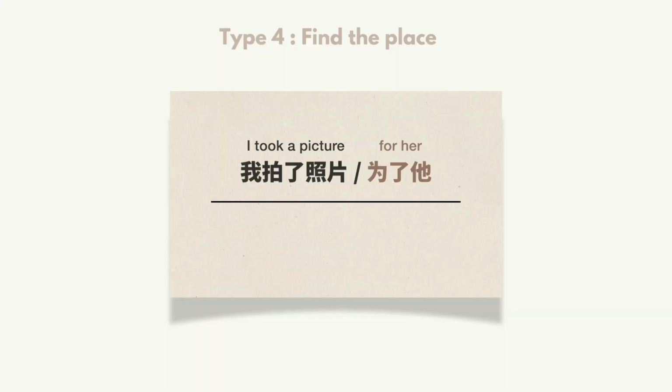When I first learned this type of sentence, I used to put the 为 at the end, and my teacher constantly had to remind me that no, 为 is at the beginning. It's first to whom you are doing the action. So in that case, our flashcard will look like this: 我拍了照片 / 为了她, and the other side, 我为了她拍了照片.